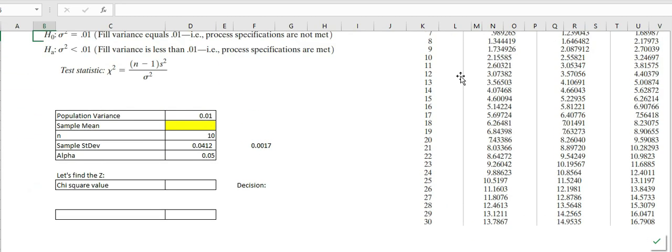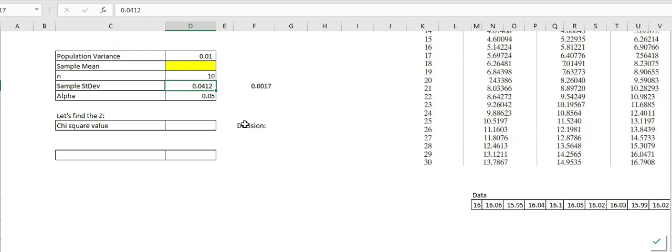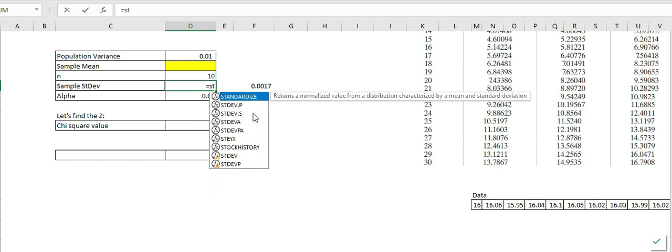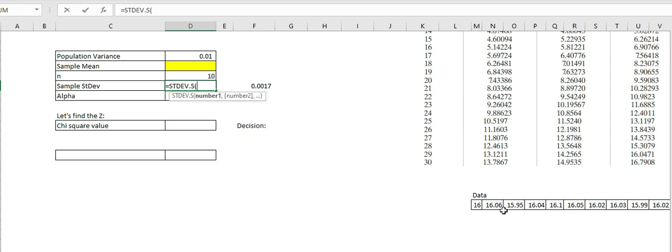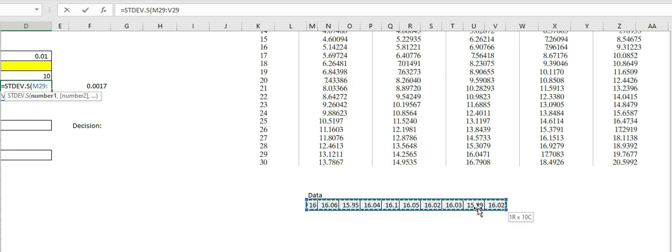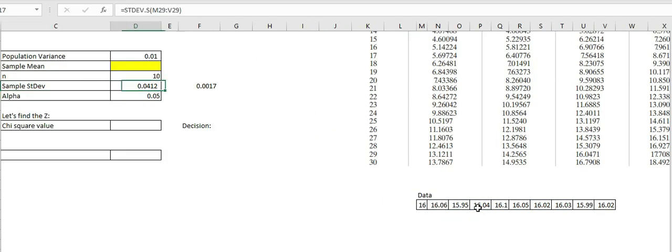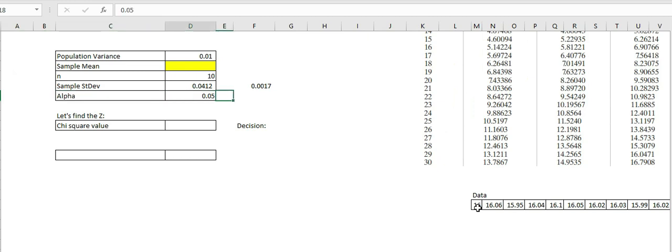So that's 10, and the sample standard deviation, we'll choose that as s. So this is the standard deviation, and we will be using an alpha of 0.05.